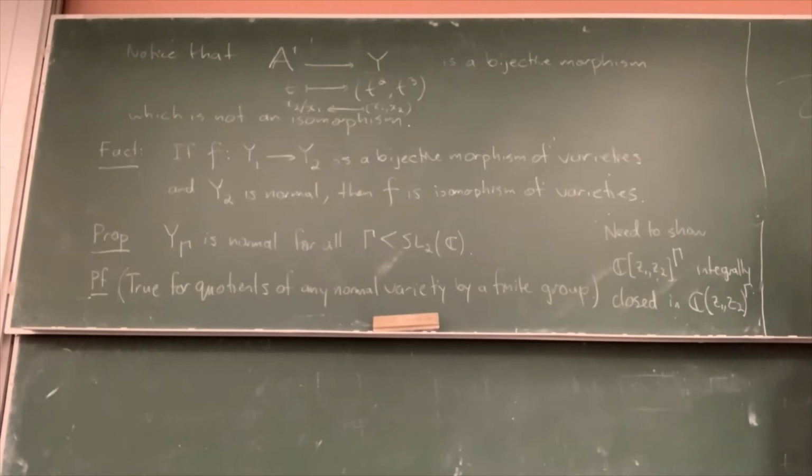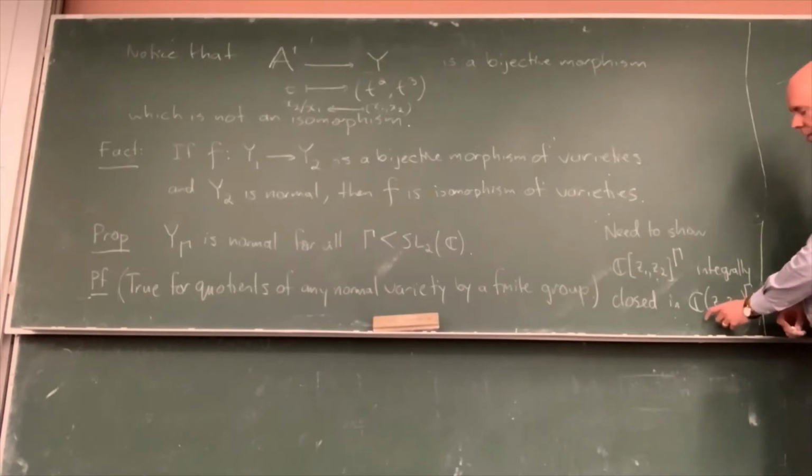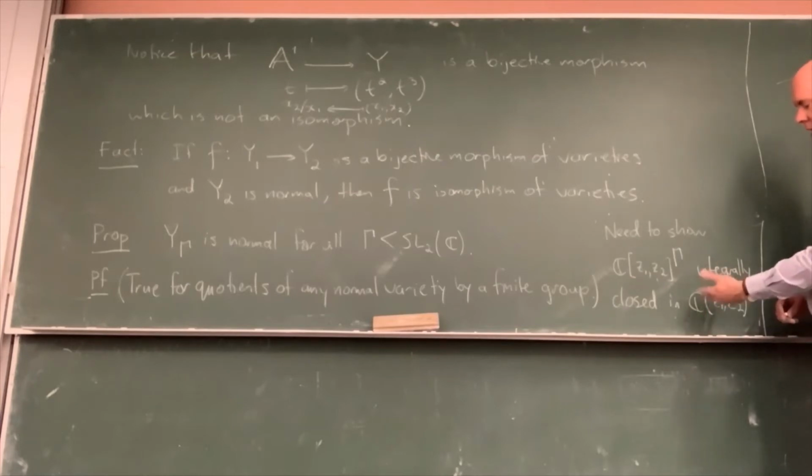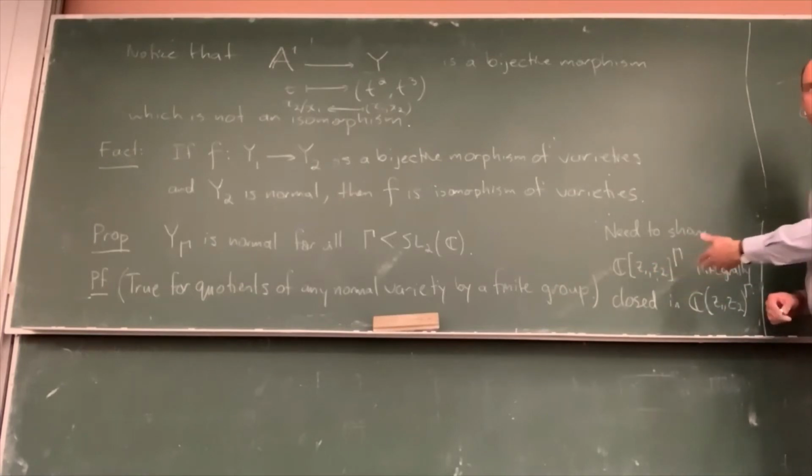I think I might have to skip the rest of the proof. So the idea is just you use the fact that Gamma is finite. Your putative element here clearly has to lie in the polynomial ring from the fact that the polynomial ring itself is integrally closed.